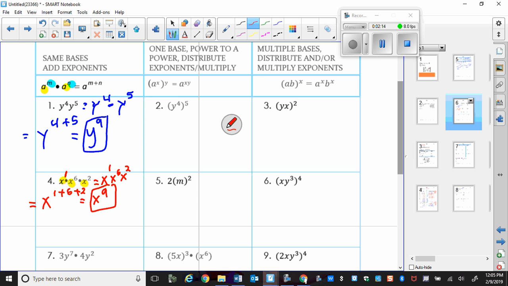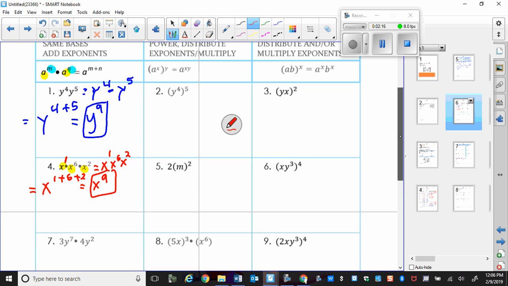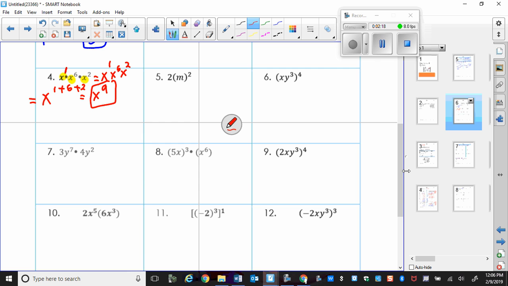Now, what happens when we bring numbers into the mix? Well, when we bring numbers in, like in number 7, it says 3y to the 7th times 4y squared. You need to rearrange like terms. And technically, we're just going to be multiplying those numbers and putting those y's together.